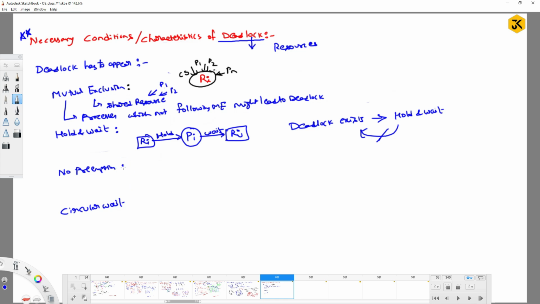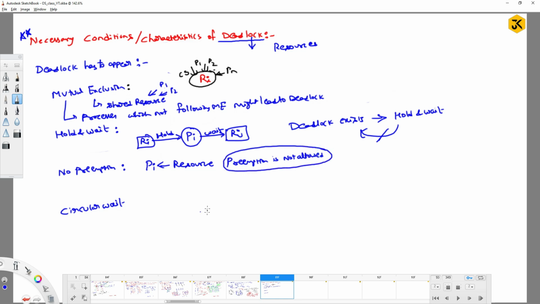Next one is no preemption. Guys, when some process Pi is using a resource, you should not allow the resource to be pulled from process Pi, which I can say as preemption is not allowed with respect to the resources.